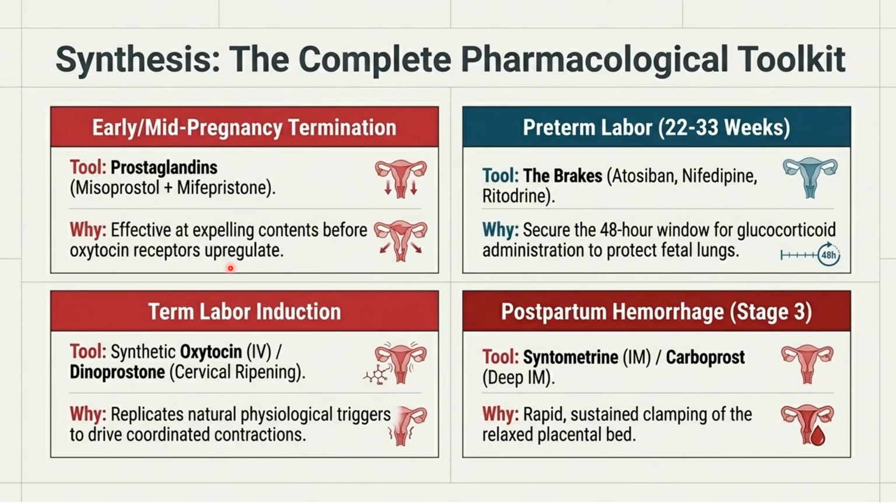So at this level, before the upregulation, oxytocin and other hormones are ineffective to terminate pregnancy, especially in cases of incomplete abortion, missed abortion, or intrauterine fetal death at early trimester.